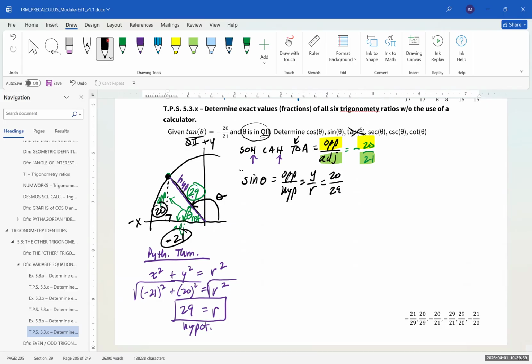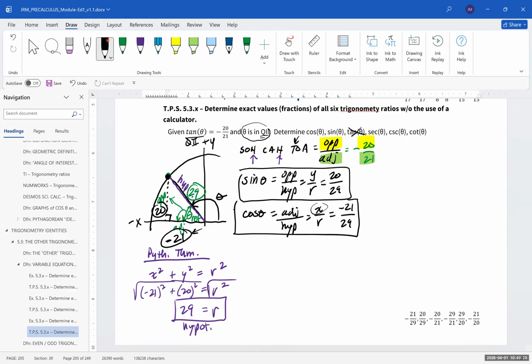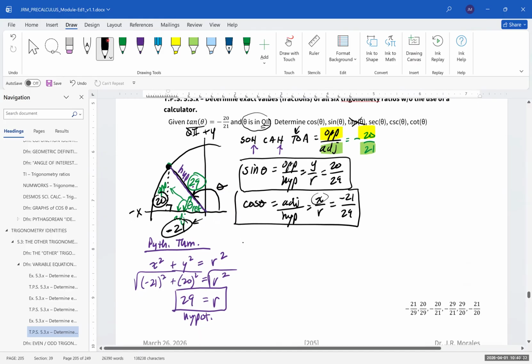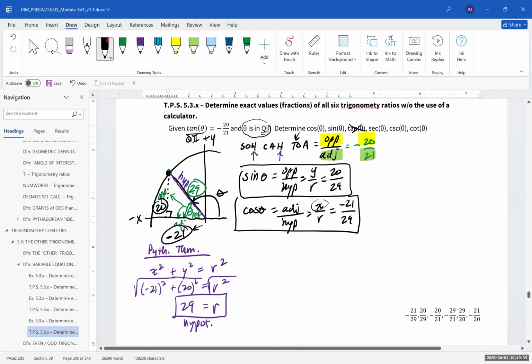So sine is going to be 20 over 29. All right, let's do cosine. That's going to be adjacent over hypotenuse, which is x over r. The reason why I'm now using x is because I don't want to make the same mistake I made before. I want to make sure that I put negative 21 in and put 29 there to make sure I don't miss that negative. Okay, and tangent theta, we already had.